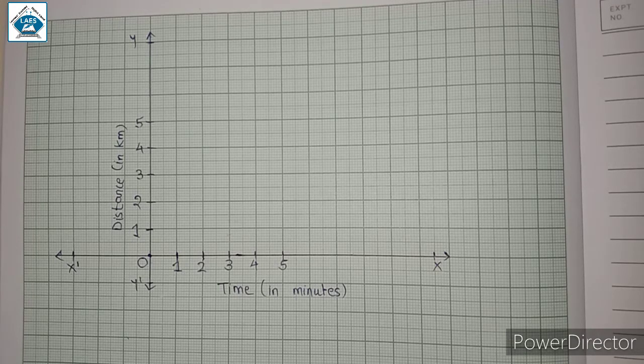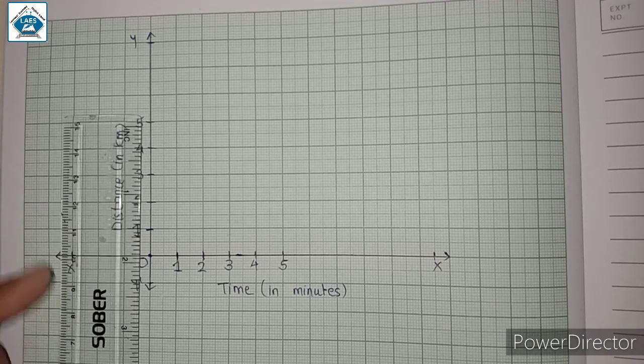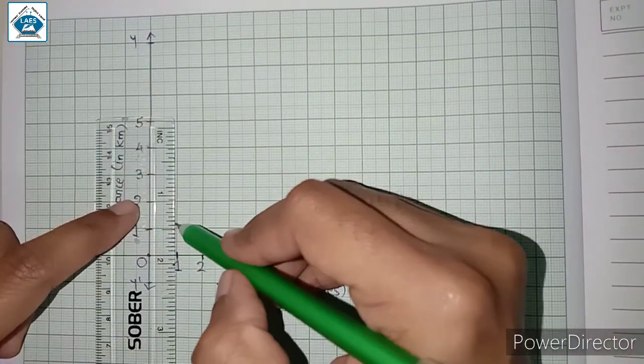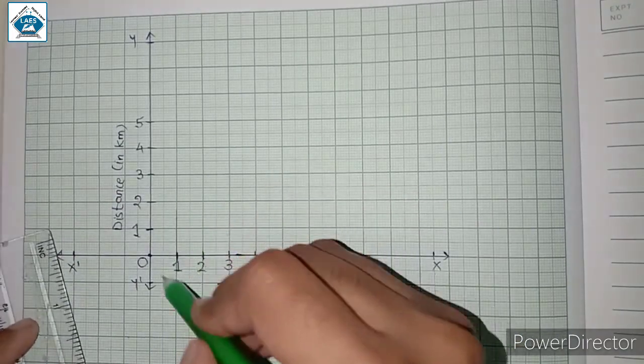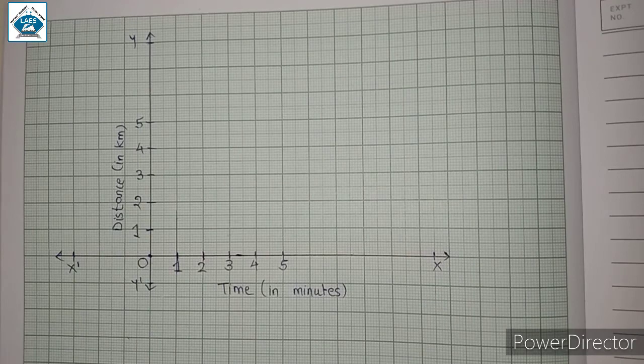So how will we mark this? Just like we read, we are going to mark the set of values that represent 1 minute on the x-axis first. So we will be drawing a line parallel to the y-axis. लाइक सो एक लाइन हम ड्रॉ करेंगे जो वाई एक्सिस से पैरेलल है और जो इस पॉइंट से पास होता है.